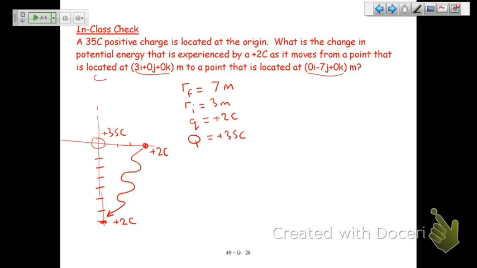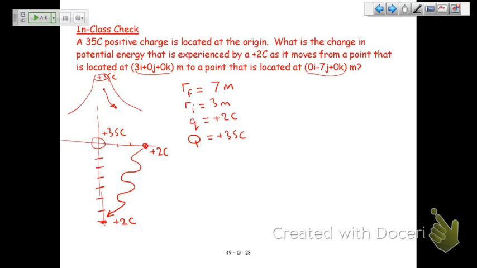I'm going to draw my whoosh. I'm starting off close by and ending up there. I'm going downhill. This is my plus 35. Positive charges are like volcanoes. Negative charges are like sinkholes.